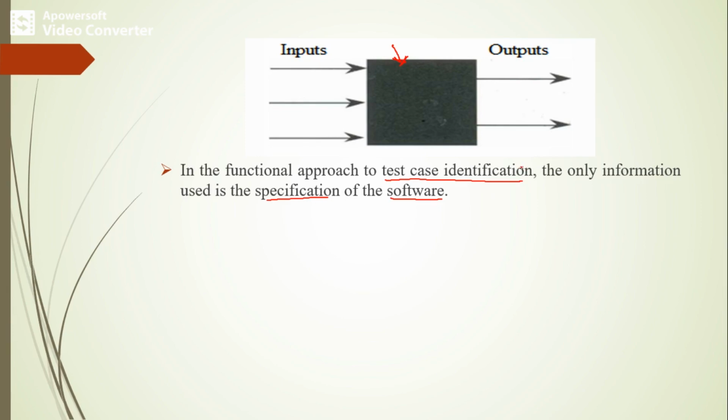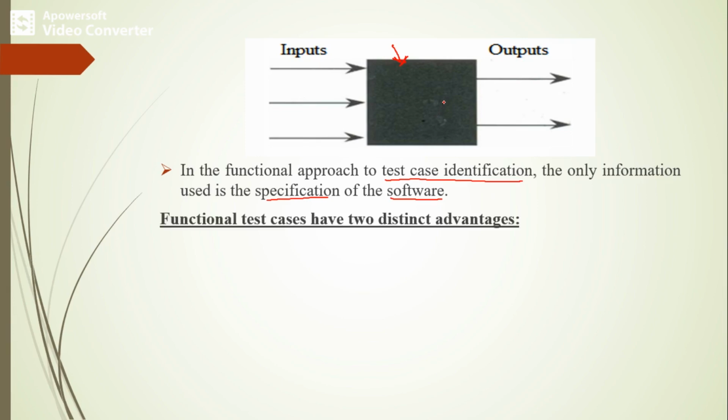But based on the specification details, based on the requirement specification, the whole software has been designed. Based on that, he will specify the input for this particular system. So based on that only he will identify the test cases, design the test cases, and then check whether the system works according to the end user requirement specification or not.